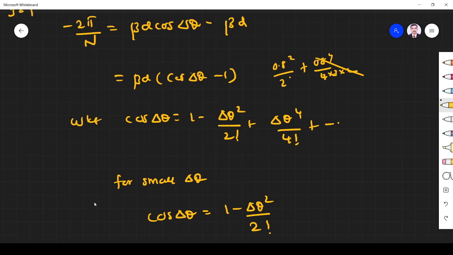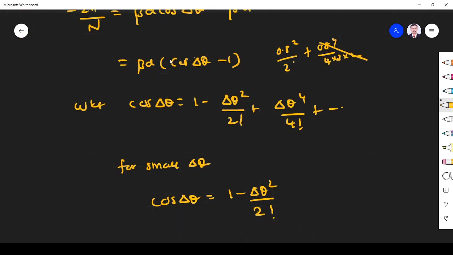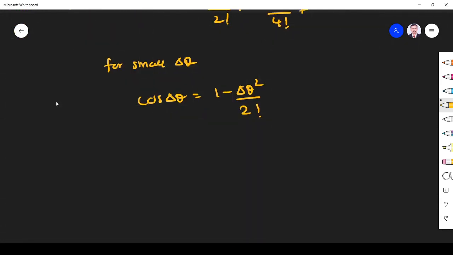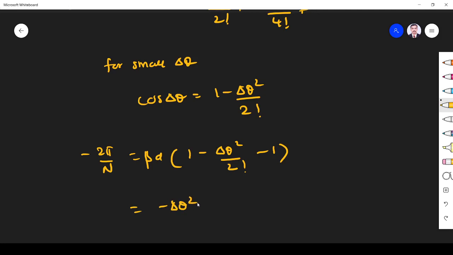Now I substitute the cos theta value here and equate it. So minus 2 pi by n is equal to beta d. Instead of cos theta, 1 minus del theta squared by 2 factorial, minus 1, that is equal to minus del theta squared by 2.